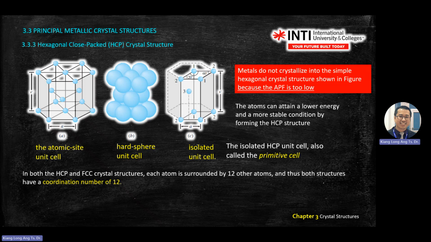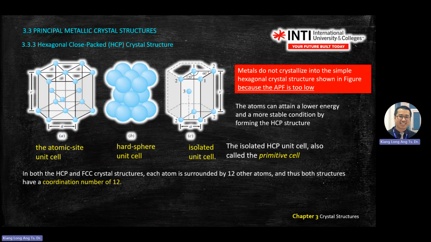Okay. So for HCP and FCC, HCP is this one and FCC, each atom is surrounded by 12 other atoms. Thus, both structures have a coordination number of 12. How do you find 12? Yeah, how do you find 12? This is half. This is another half.